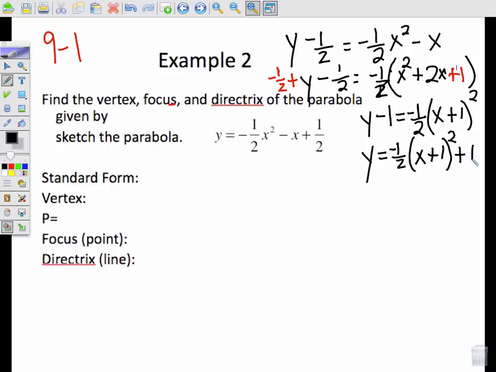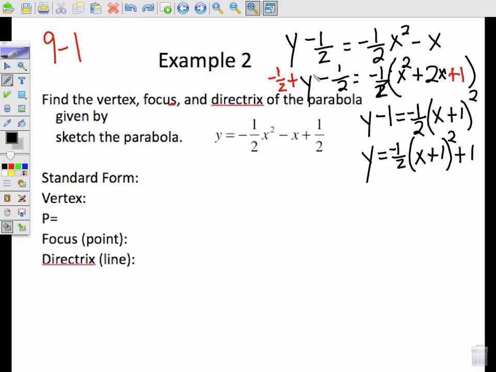And so here we have it. Now with this information, this is my general form. Now standard form is a little bit different, so let's go ahead and look at what that would be.